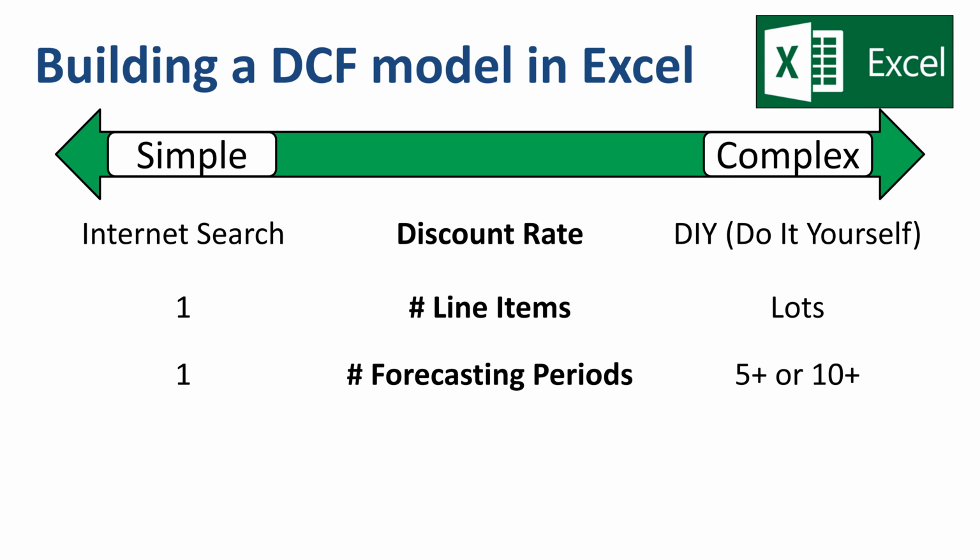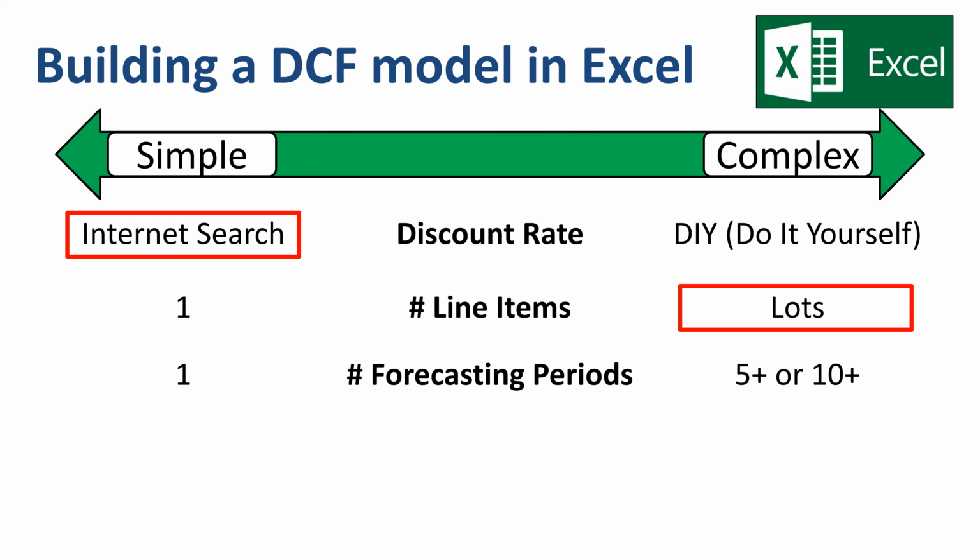What I'm going to show you is how to build a discounted cash flow model in Excel from scratch, using the discount rate from the internet search, incorporating a lot of line items, but by far not the maximum number possible, and working on 5 forecasting periods and a terminal value.